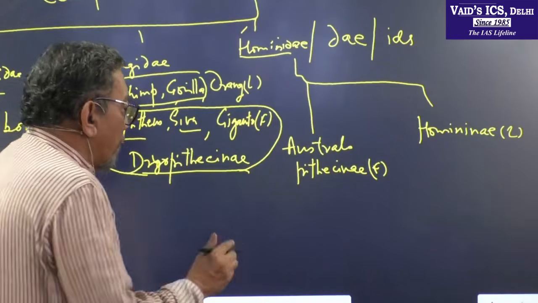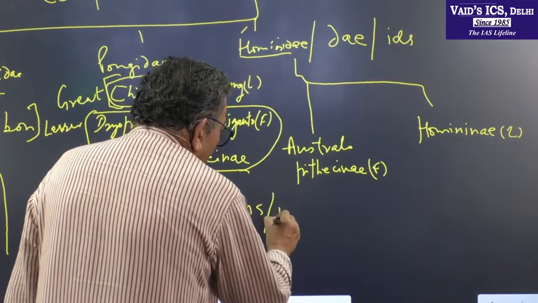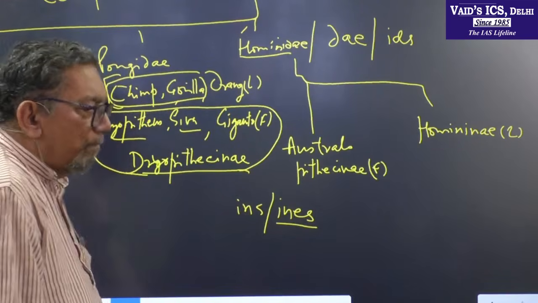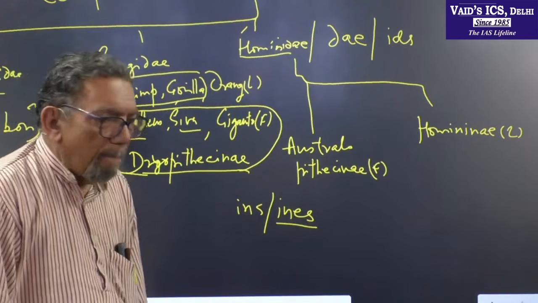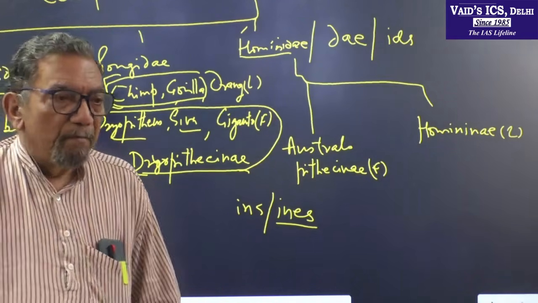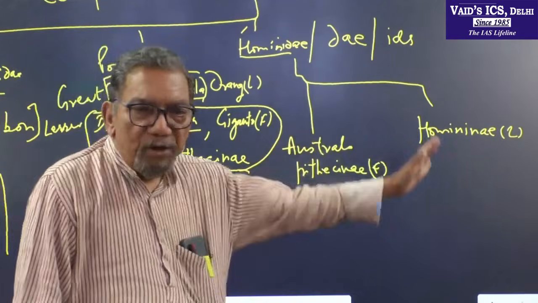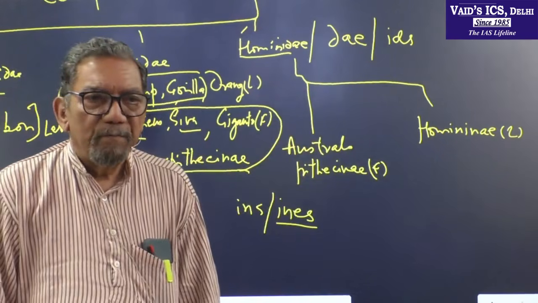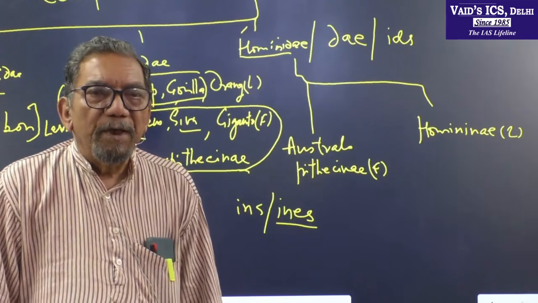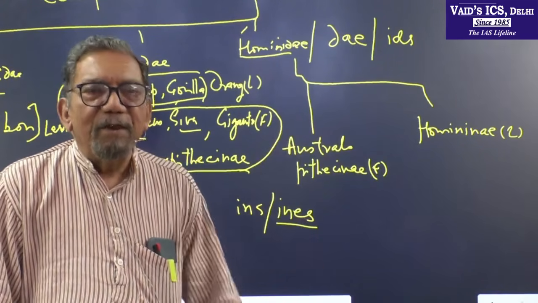And members are called either ins or ines. Australopithecus is a fossil. Members will be Australopithecines, hominins. It is subfamily. Then will come the genus.